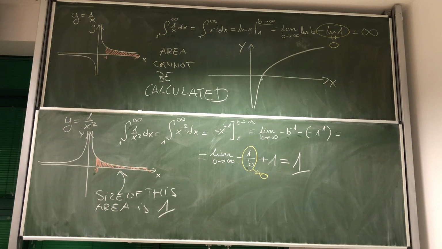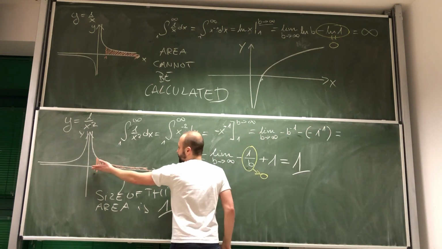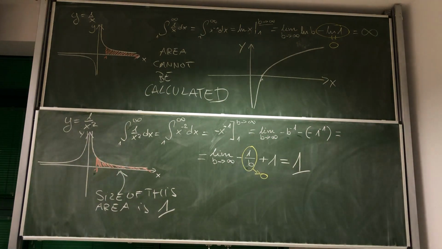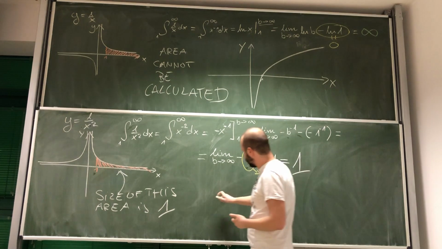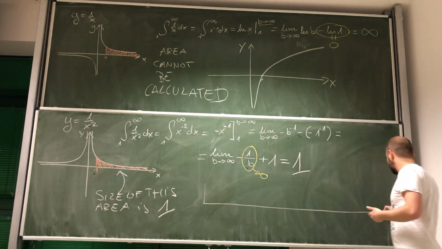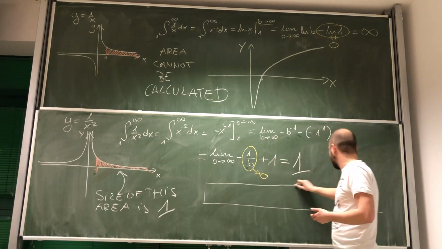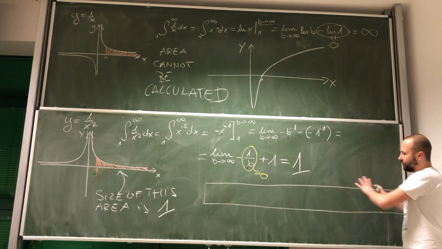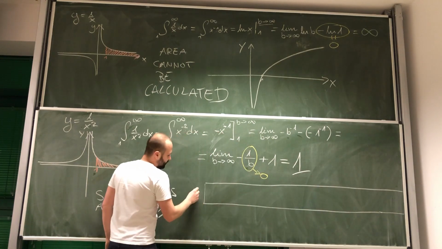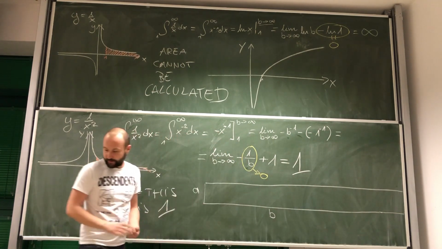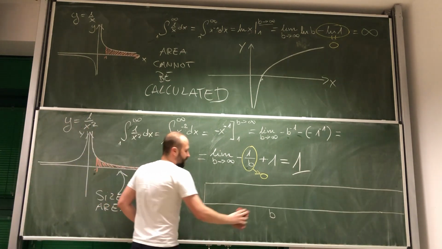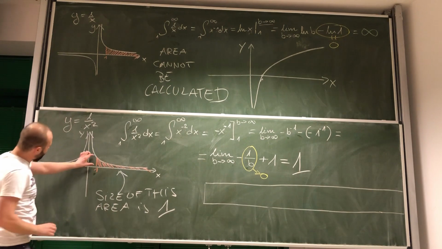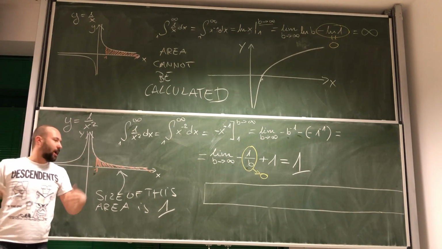When you think of areas, the good thing to use to think about areas is to think of them in terms of some rectangles, right? Rectangles are easy to imagine, and we know that in order to calculate the size of a rectangle, all I need to do is to multiply A by B. Okay, and look, we know that the distance over here and over there is 1, right?